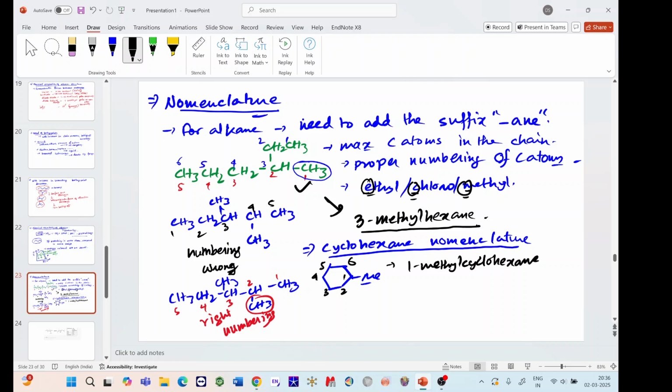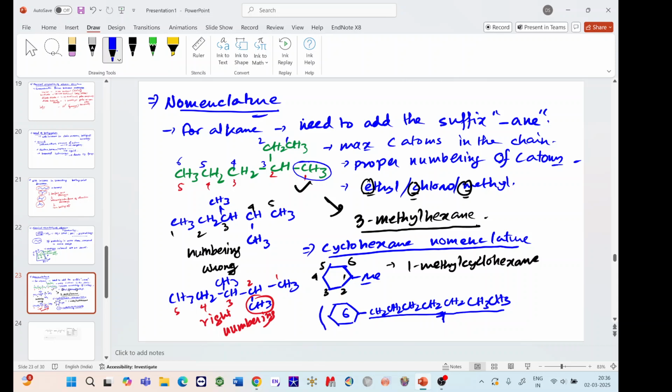But same thing, if you have something else, the same compound I will write. Here you have CH2, CH2, CH2, CH2, CH2, 3, 4, 5, CH2 and CH3. You can see you have 7 carbon atoms here. Here you have 6. So you will not put this one as the substituent.